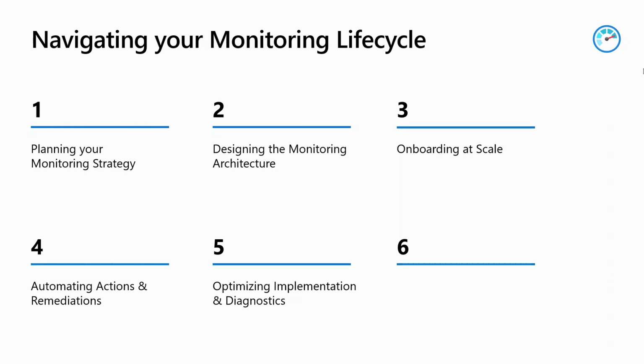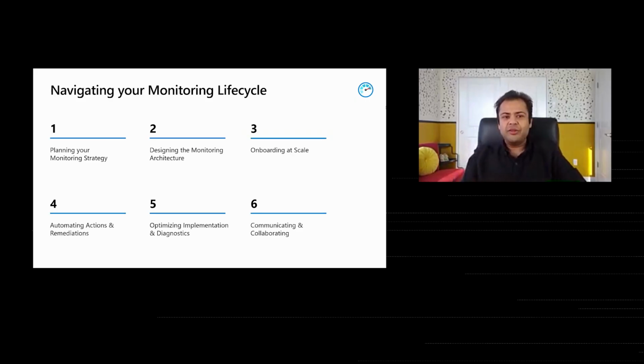We'll talk about optimization, both in terms of implementing monitoring in your environment, as well as setting up robust diagnostics capabilities. Lastly, we'll discuss some of the best practices around effective communications and collaborations with your DevOps and IT SRE teams. Let's start from the first phase.